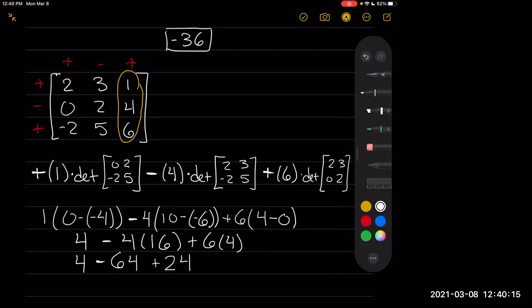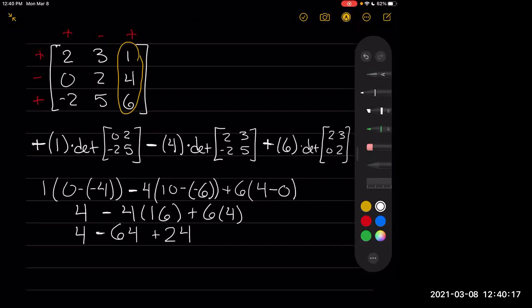Then, I did something slightly wrong. This should be a 64 plus 24. Just trying to double check my math in my head. So if we add these together, oh yes, we end up with 4 minus 40.